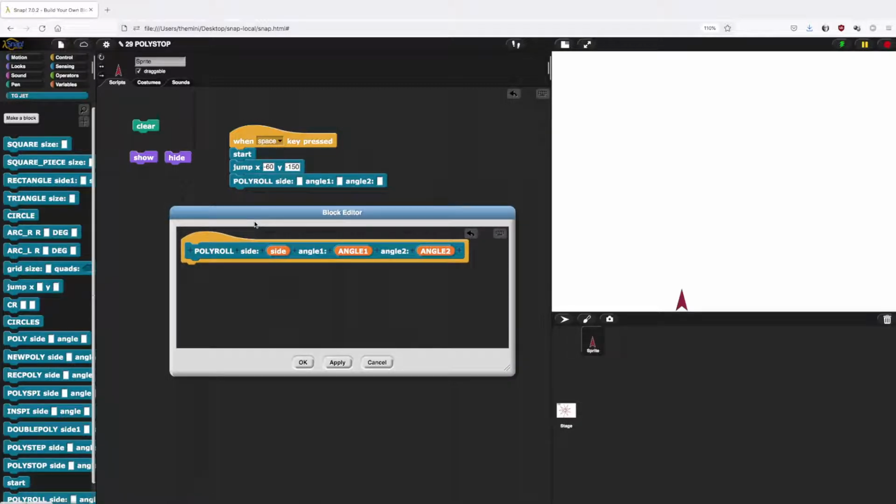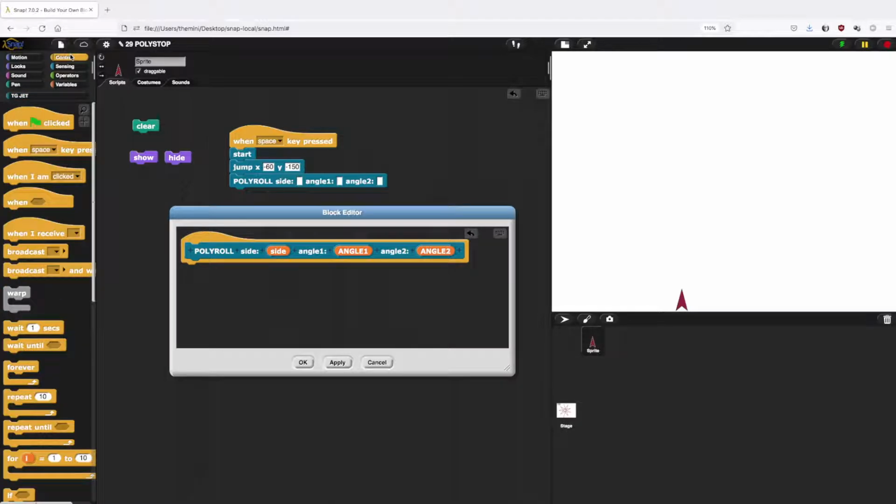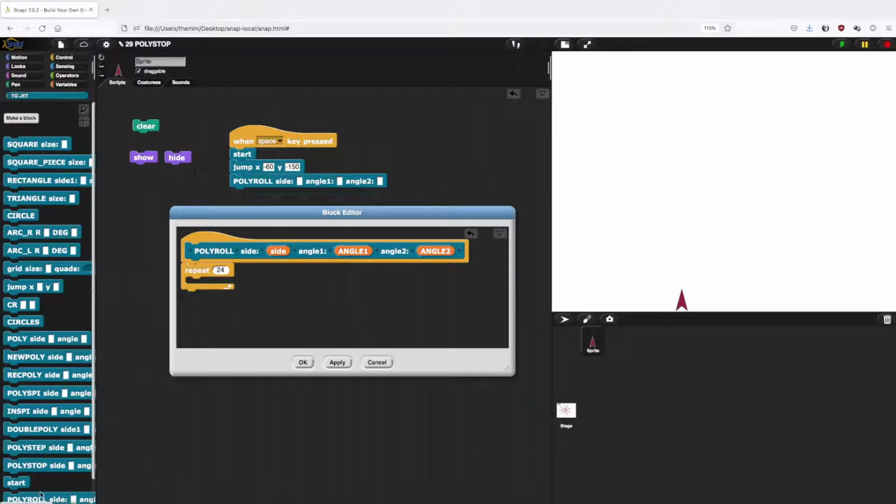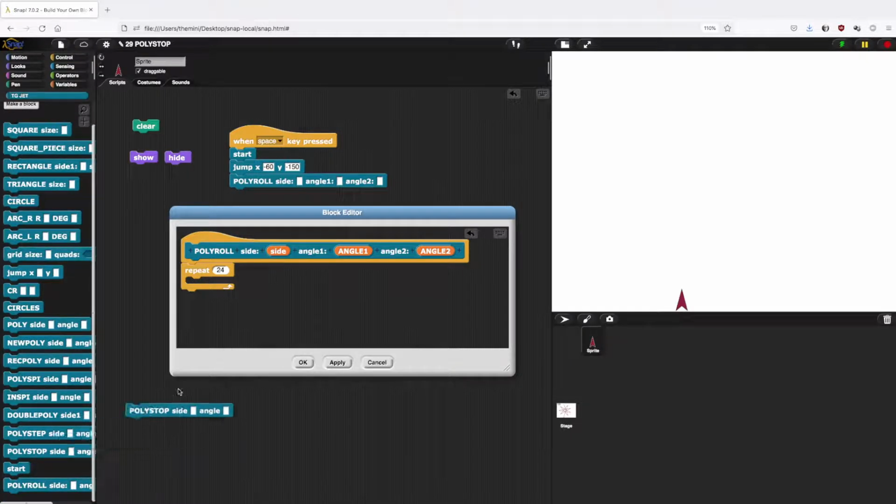Well, we repeat. We need an engine. And again, I don't want to repeat too many times, so I'm just guessing. I'm saying 24 again. And then I'm using the poly stop that will internally stop.